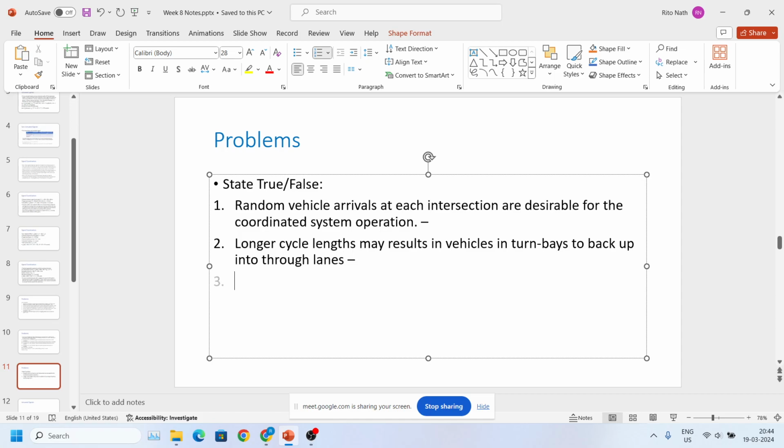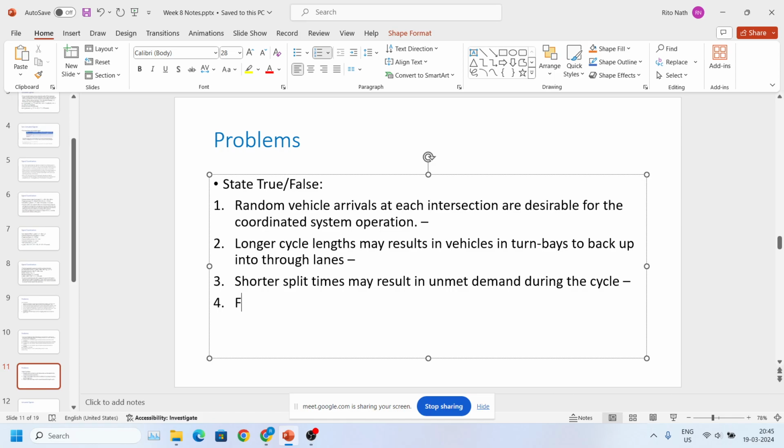Next is: shorter split times may result in unmet demand during the cycle.